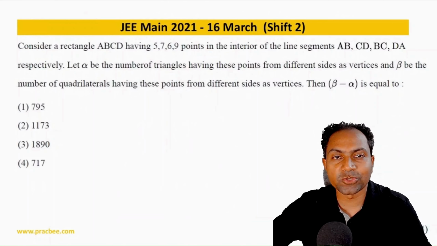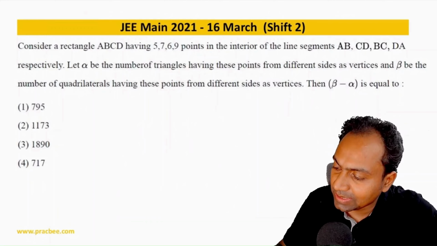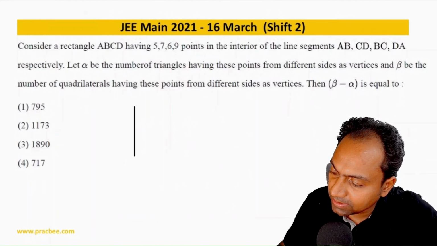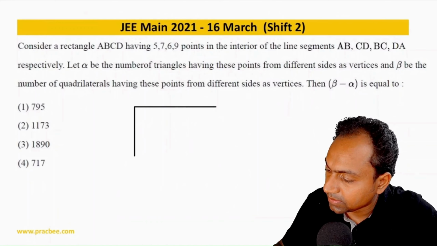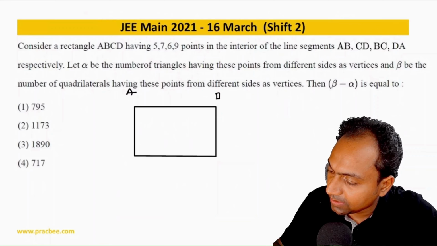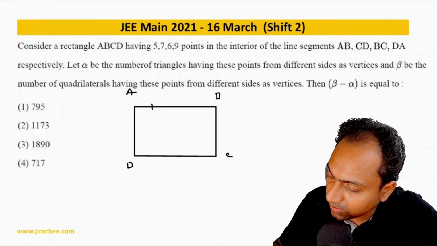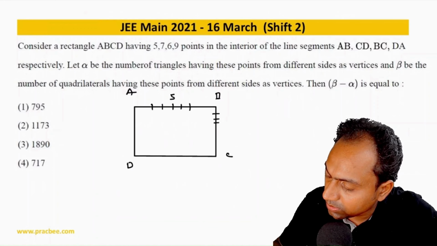Now let us look into this 2021 question. In this question, what they're saying is, if you have a rectangle ABCD, on the sides AB, BC, CD and DA, there are respectively 5, 7, 6 and 9 points. On AB there are 1, 2, 3, 4, 5 points. On BC there are 1, 2, 3, 4, 5, 6, 7.